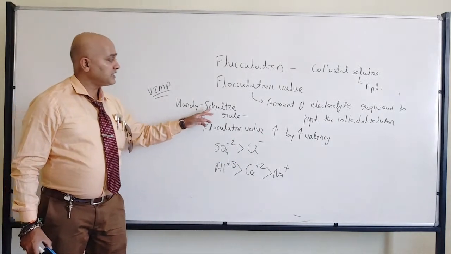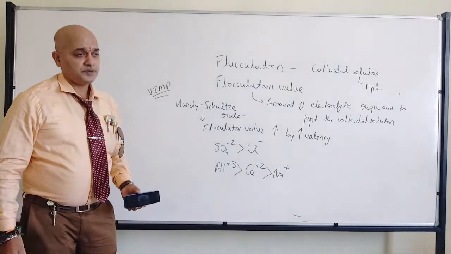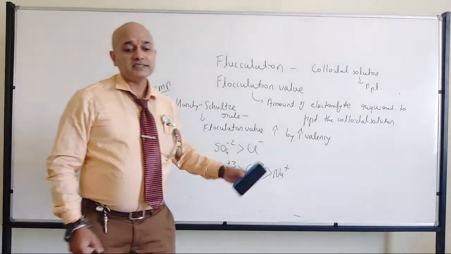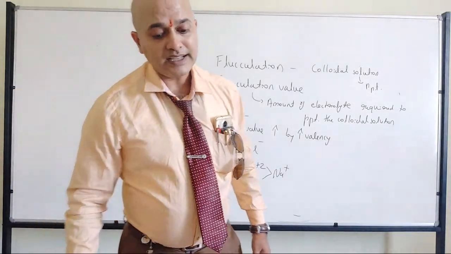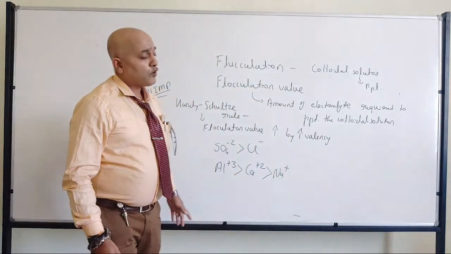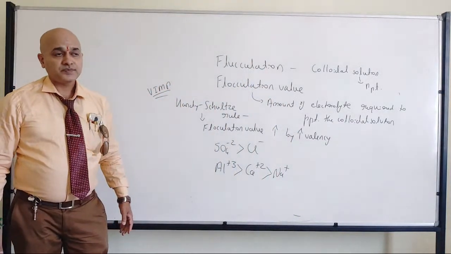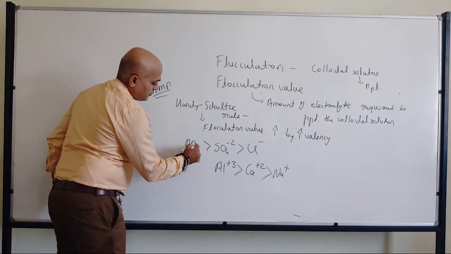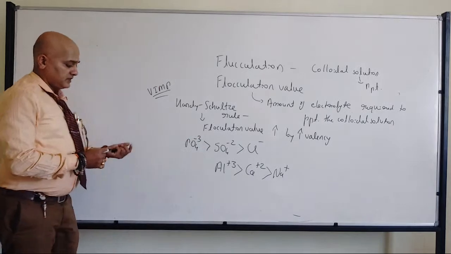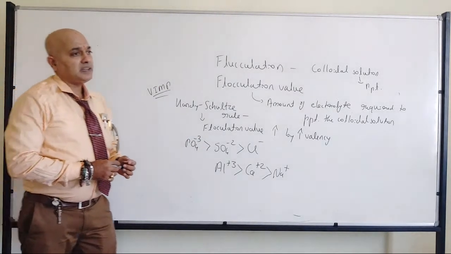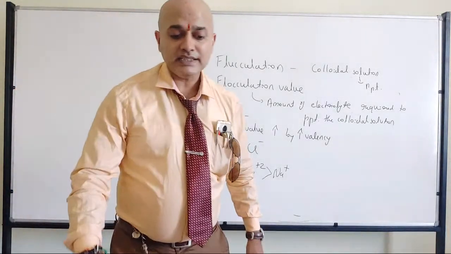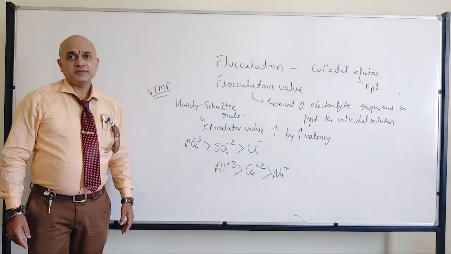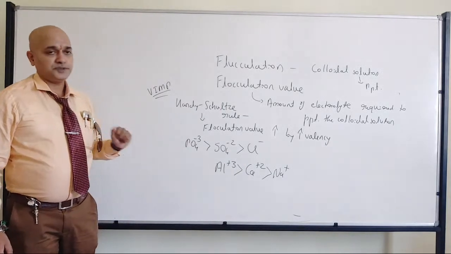That is the Hardy-Schulze rule. Any doubt about this? In competitive exams they may ask about the Hardy-Schulze rule. I can even use another ion, PO4 -3. As the valency increases, flocculation capacity also increases. That's the Hardy-Schulze rule.